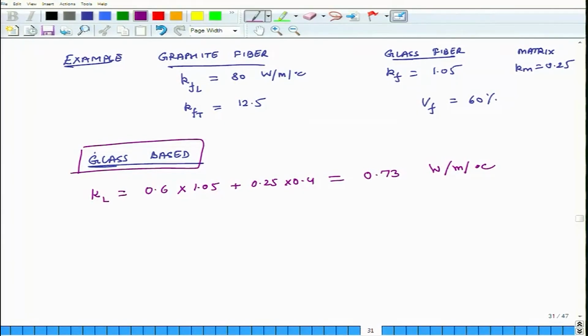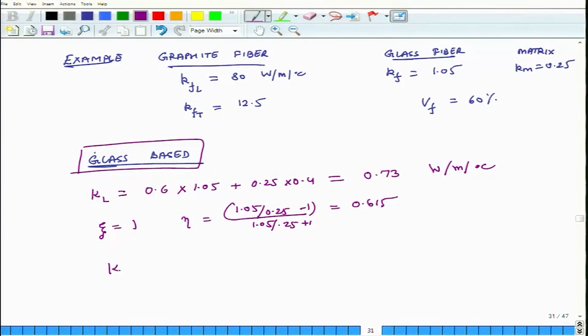To compute KT, transverse conductivity, zeta equals 1, eta equals 1.05 by 0.25 minus 1 divided by 1.05 by 0.25 plus 1, which is equal to 0.615.